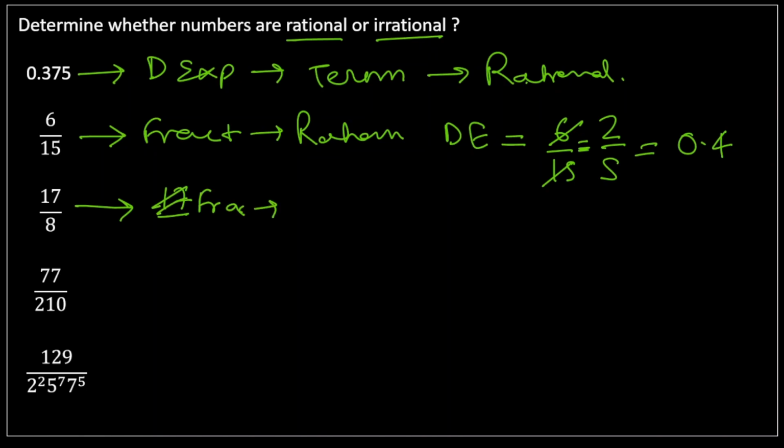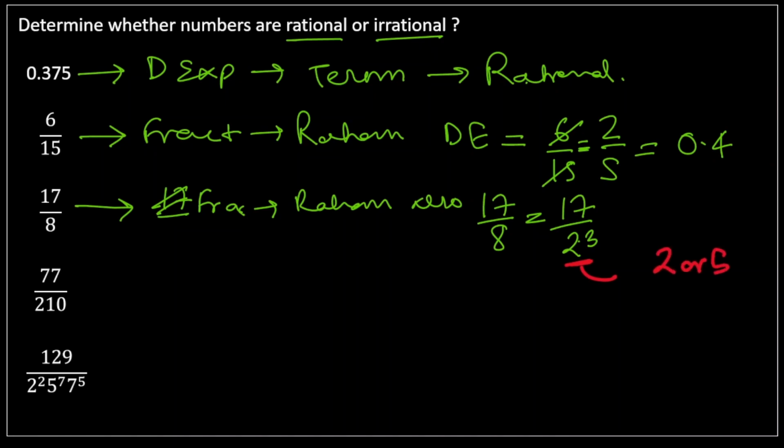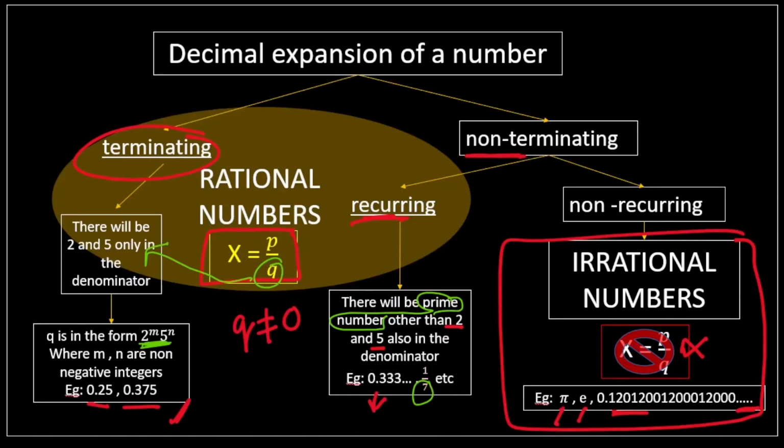Also, how do we know whether it is terminating, non-terminating, recurring, non-recurring? 17 upon 8 can be written as 17 upon 2 cubed. So here in the denominator 2 is there. If in the denominator only 2 or 5 are there, we can say it is a terminating decimal expansion.